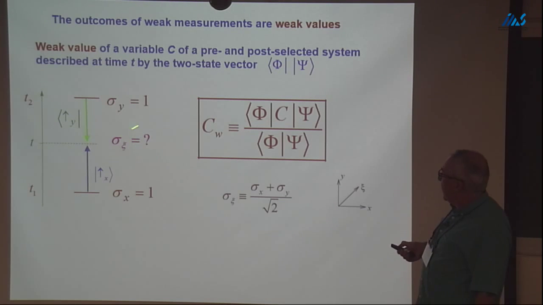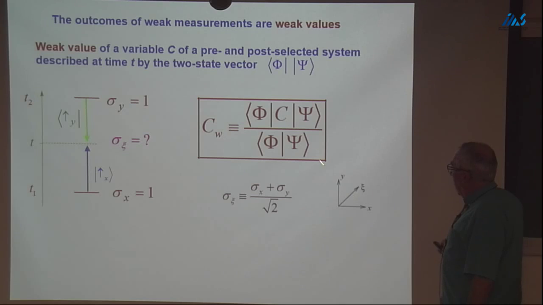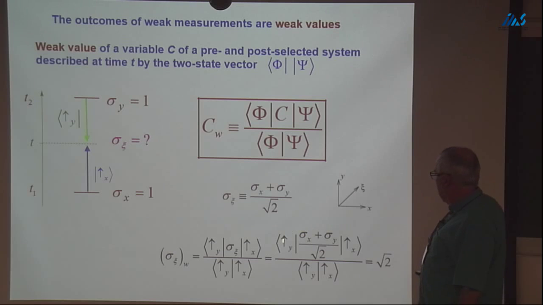For example, if I prepare spin up in x, and then later I find spin up in y, and I measure the spin in the 45 degrees direction, the weak value, if I plug this formula inside, this is the definition of the spin in this 45 direction.